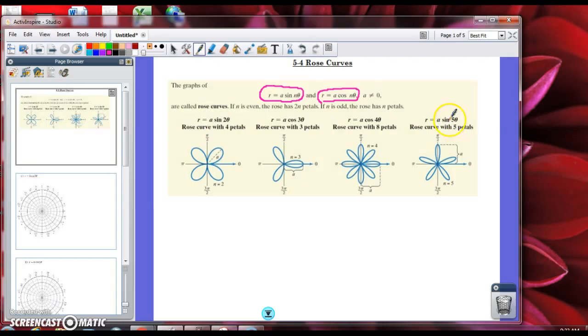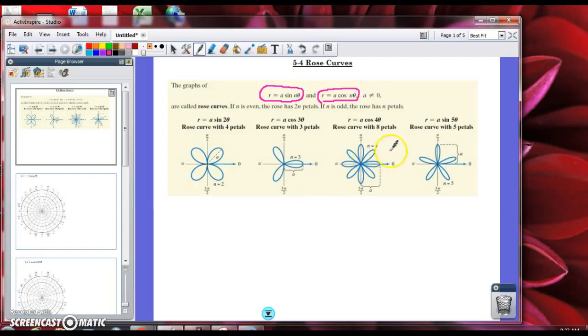If you go down here to the last one, sine of 5 theta, that's also symmetrical about that line theta equals pi over 2. If you look at these two that have cosine in them, they are always going to be symmetrical about the polar axis. Okay, so both of these are symmetrical about the polar axis.